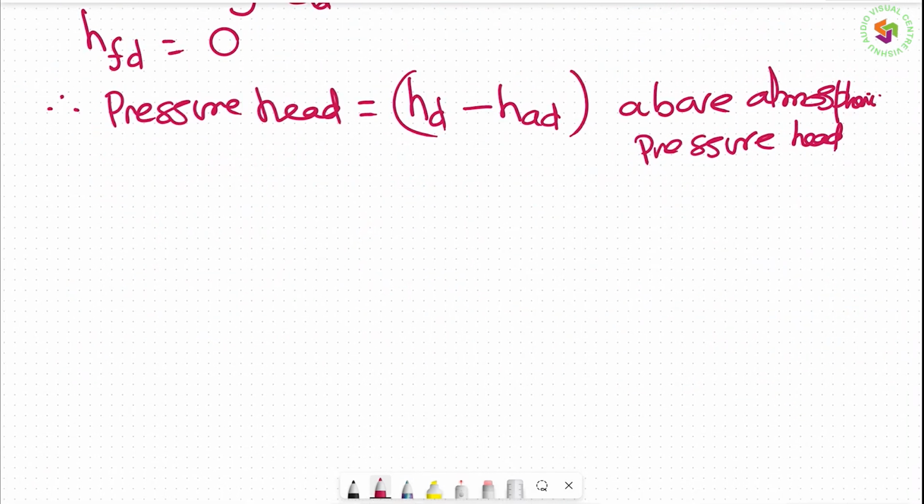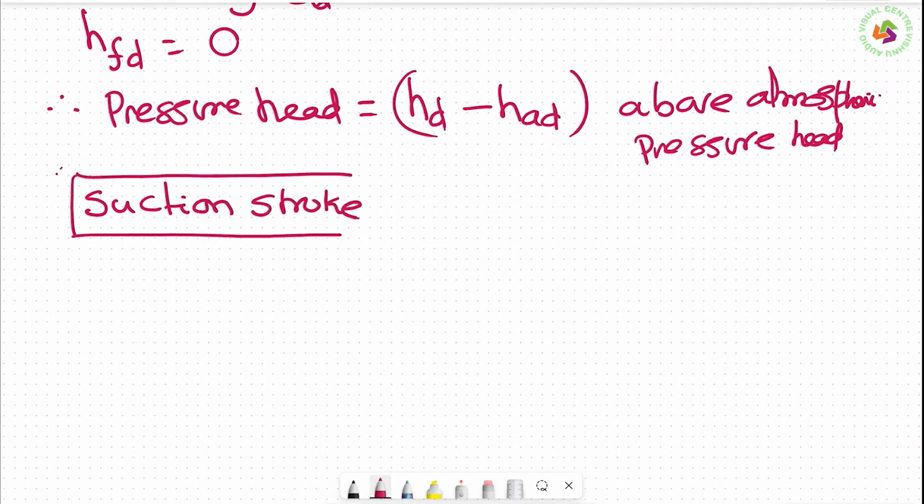So if I conclude the whole thing, if I write here the suction stroke, similarly delivery stroke.